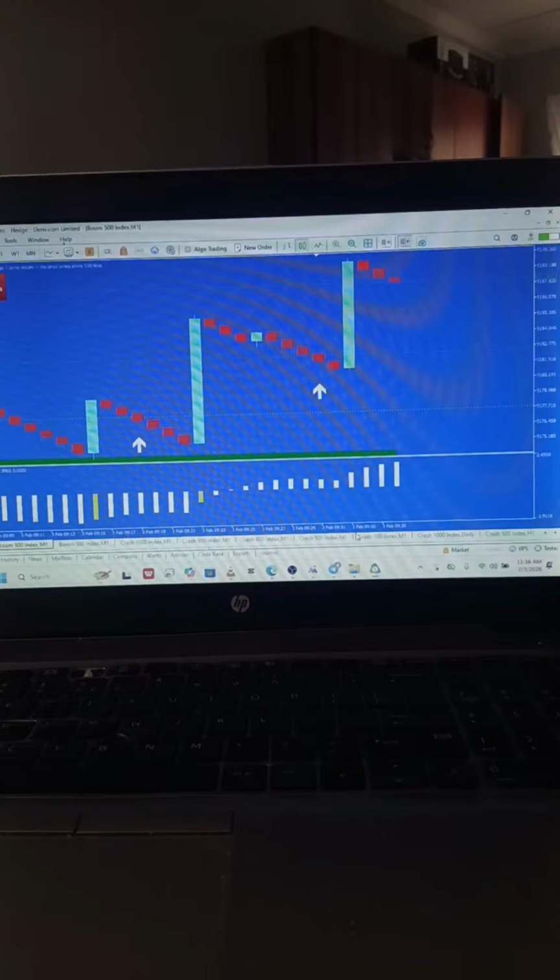Small tiny spike, but it's likely going to spike from there.